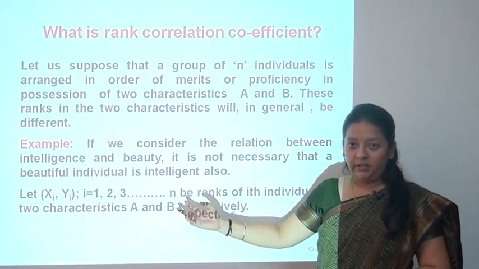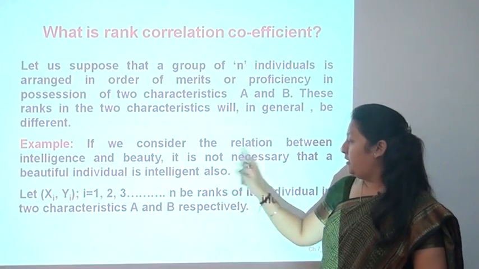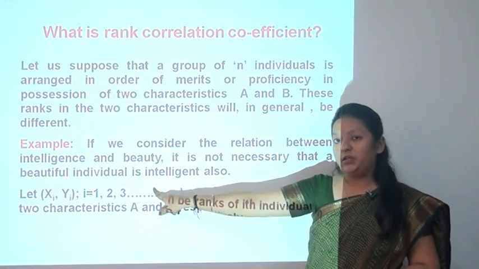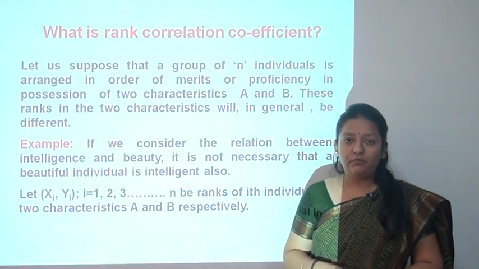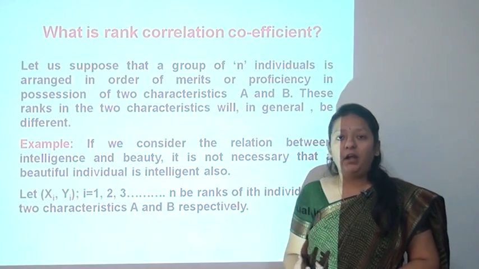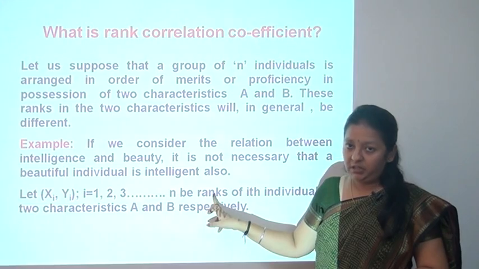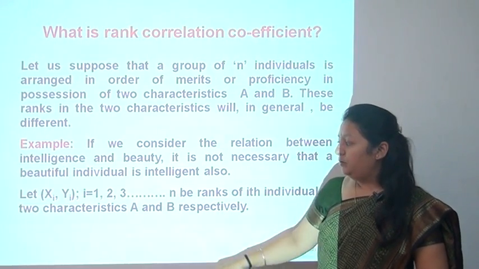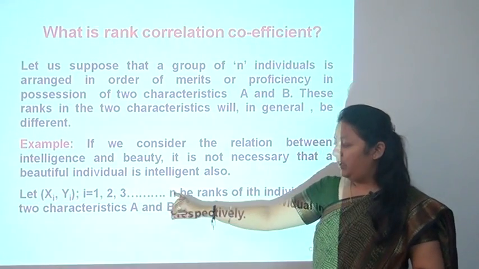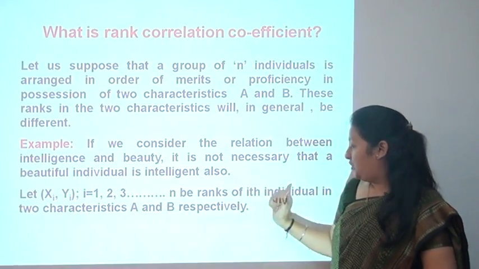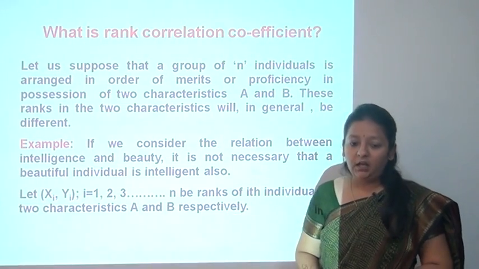Now we'll take an example. If we consider the relationship between intelligence and beauty, it is not necessary that a beautiful individual is also intelligent. So the rank correlation coefficient will help us identify the degree of relationship that exists between two variables. Now let x and y be 1, 2, 3, up to n, the ranks of the ith individual in two characteristics A and B respectively.